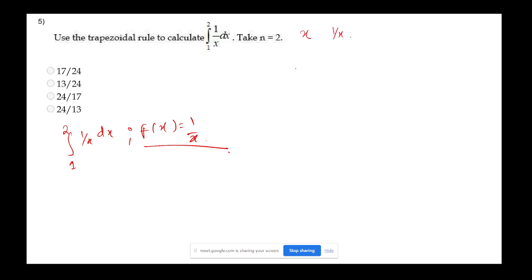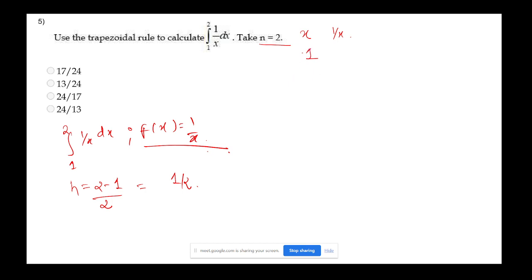For what increments do you need to take into account? You will find h as 2 minus 1 upon 2, because n is given as 2. So it will be nothing but 1 by 2. It is 0.5.